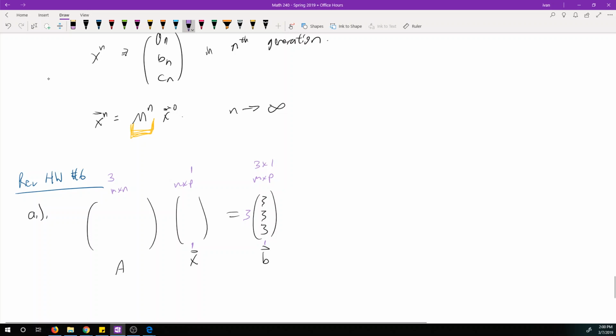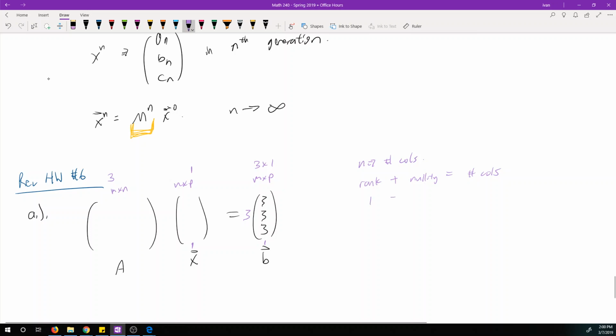Now we need to figure out what n is, and n is the number of columns. The way we can figure that out is by the rank-nullity theorem. The rank-nullity theorem says that rank plus nullity is equal to the number of columns. The rank is 1, that's given to you in the problem.